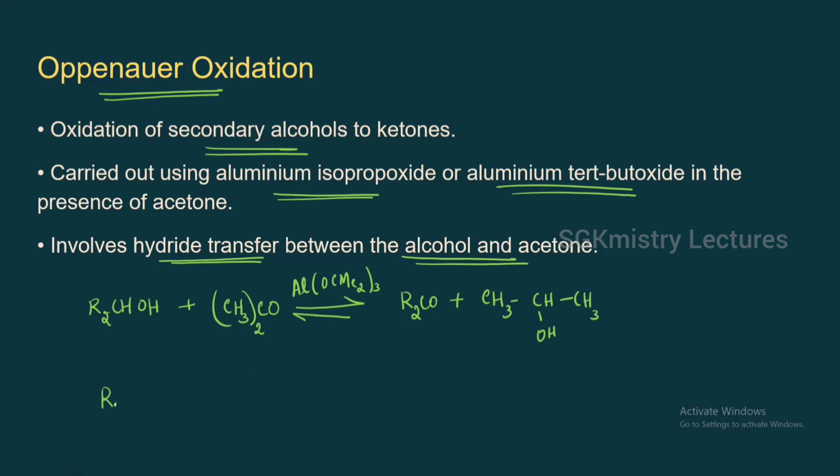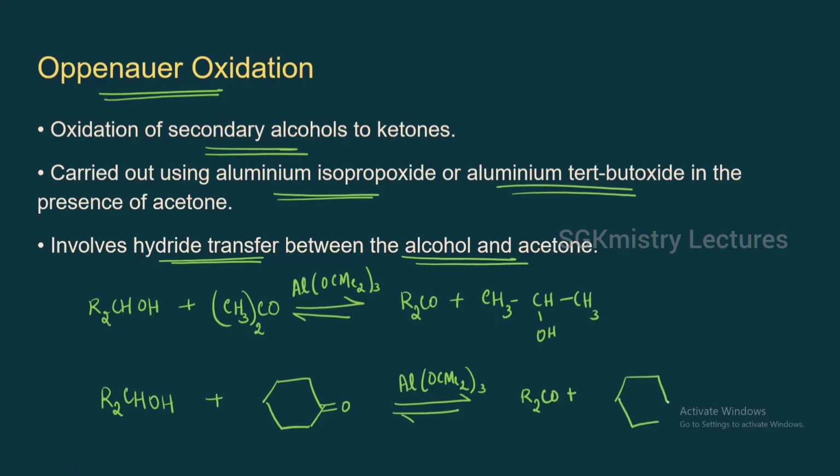Similarly, I can also take R2CHOH, secondary alcohol, in the presence of cyclic ketone. Again aluminium isopropoxide. So here we are going to get the ketone and the cyclic ketone will be reduced to the secondary alcohol. Again, the cyclic secondary alcohol, this is nothing but cyclohexanol.